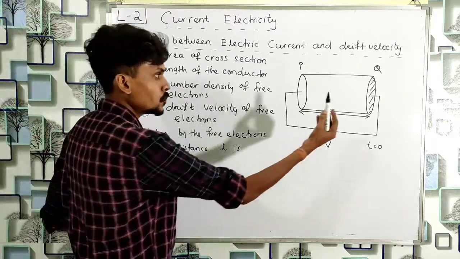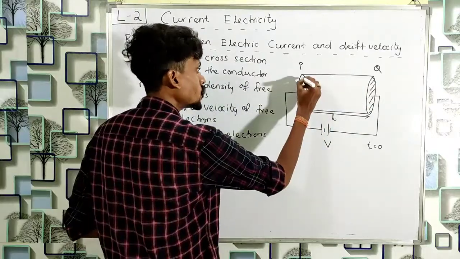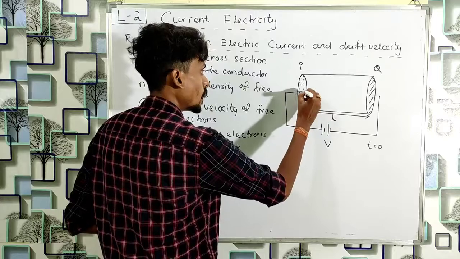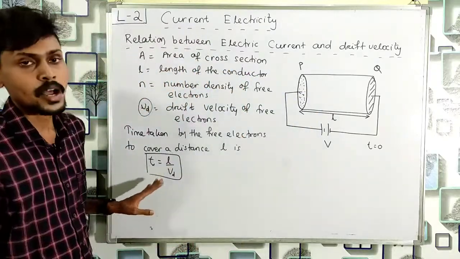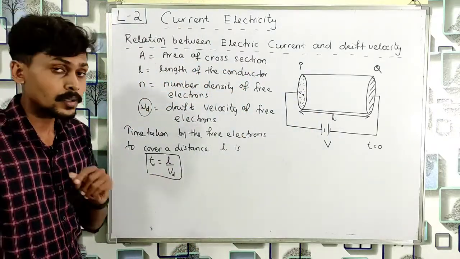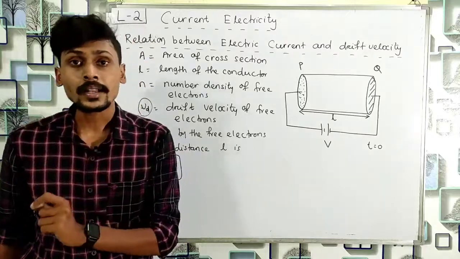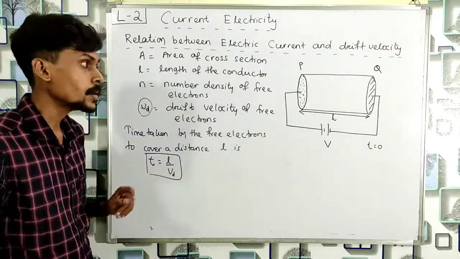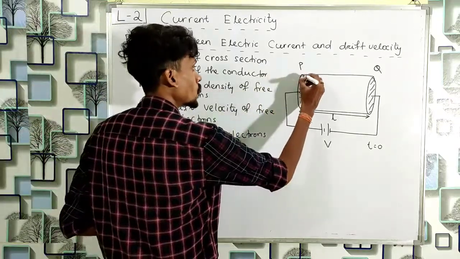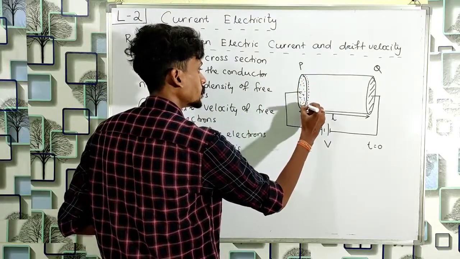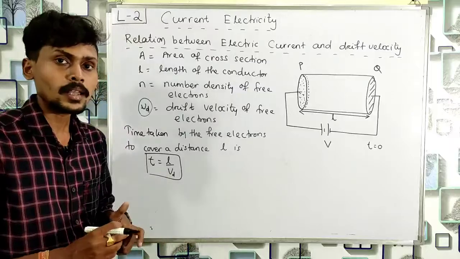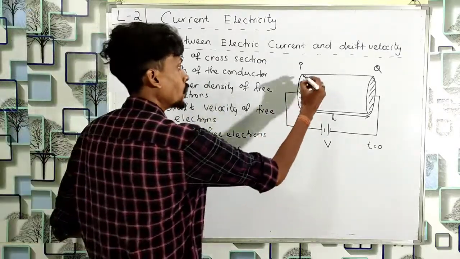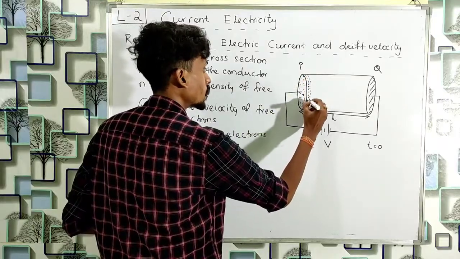So the first batch of electrons will reach the cross section P after this amount of time. Now tell me, where will we get the second batch of electrons after this amount of time? The second batch of electrons will be somewhere here. Is that clear? Similarly, the following batch of electrons, means the third batch of electrons, will also be somewhere here.